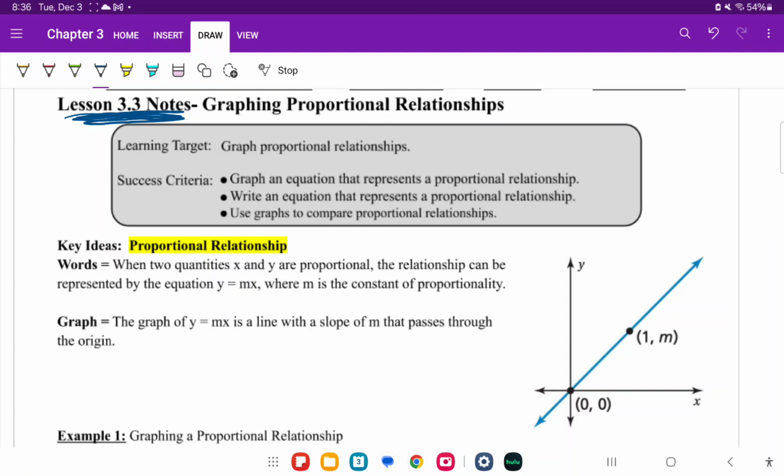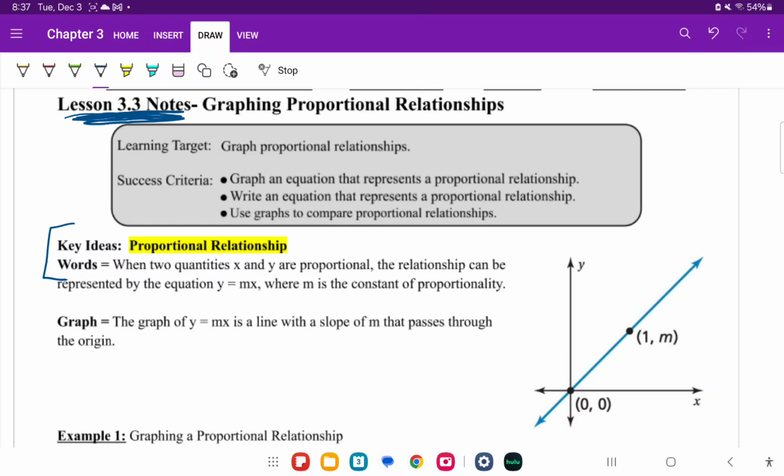Okay, so this is a continuation of what we've been doing. Today we're graphing proportional relationships. If you look right down here, when two quantities, x and y, are proportional, the relationship can be represented by the equation y equals mx, where m is the constant of proportionality, in other words known as the slope, right?